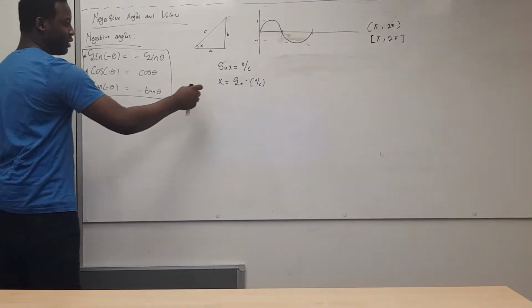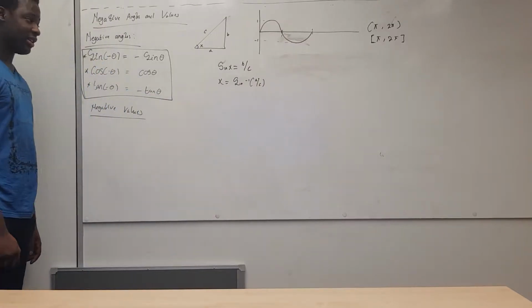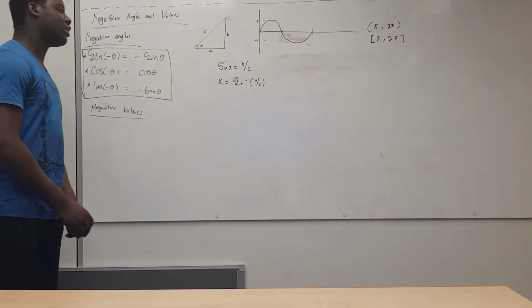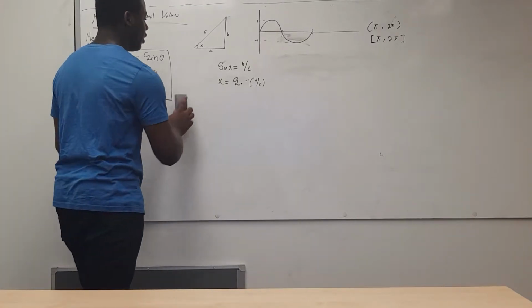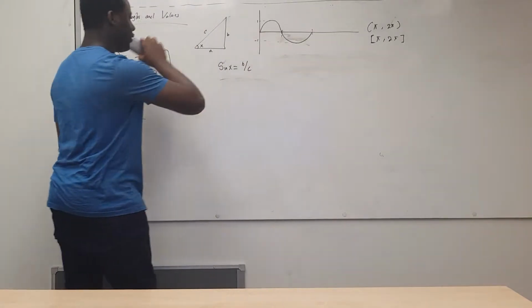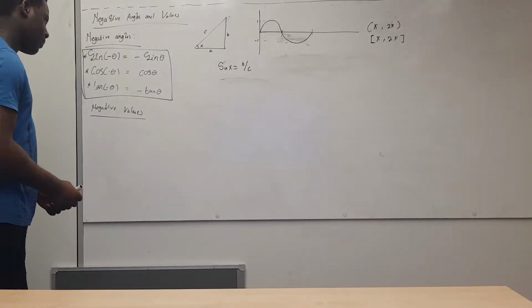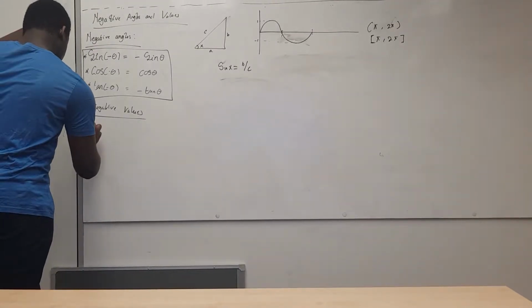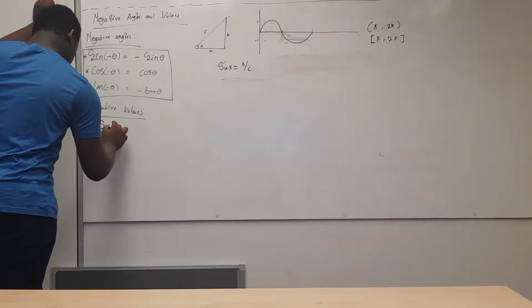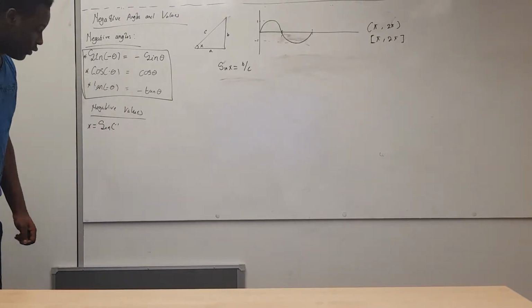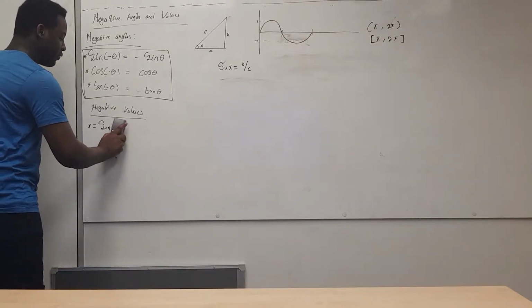So let's just put a random number a. This is just used for analysis. So I said sine x equal to sine inverse of a negative number a.